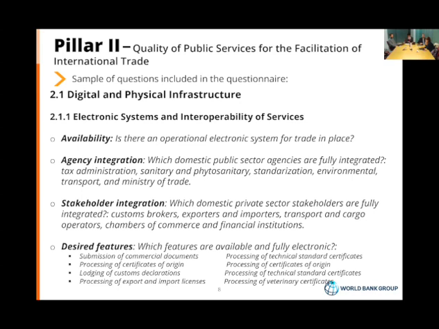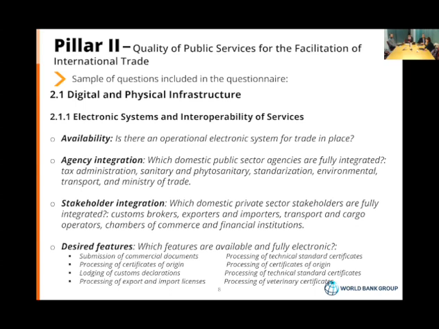For example, which domestic public sector agencies are fully integrated into this electronic system for international trade? For example, is the tax administration, the SPS agency, are they integrated into this electronic system? And so on and so forth, in terms of whether different stakeholders who are a part of the international trading process are integrated.